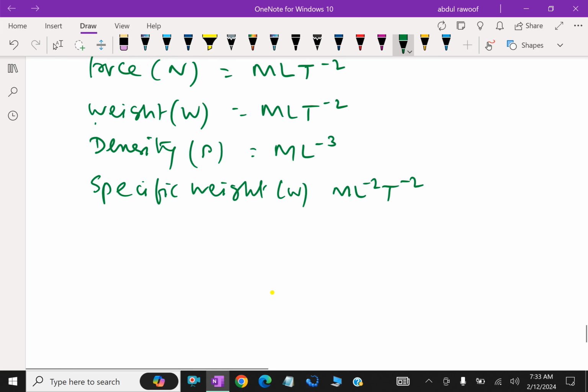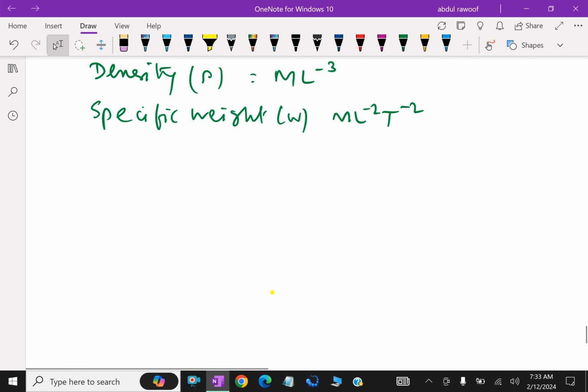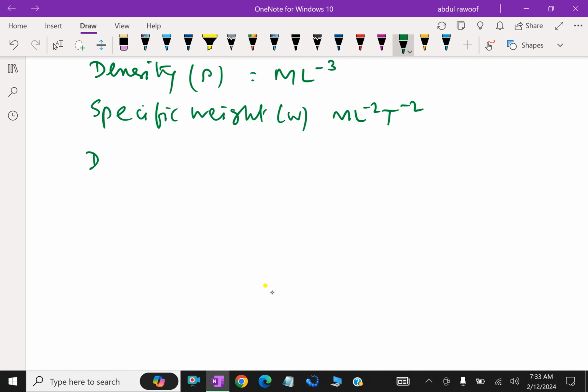Dynamic viscosity is mu, which is equal to M L power minus 1 T power minus 1.